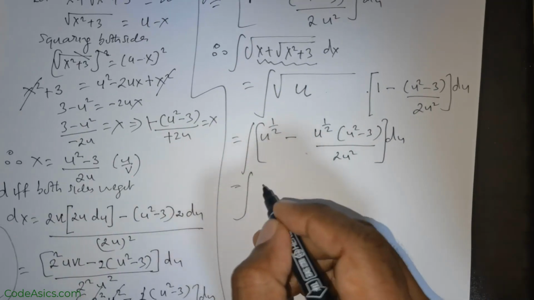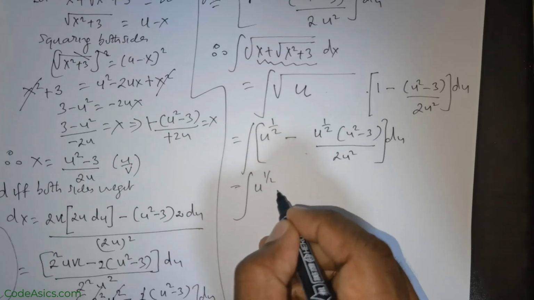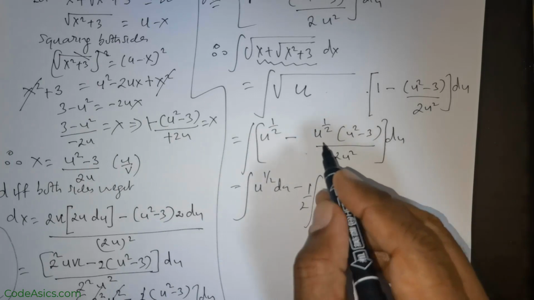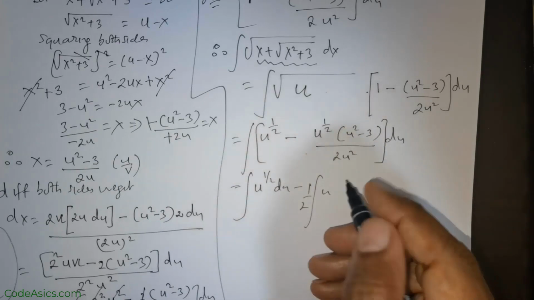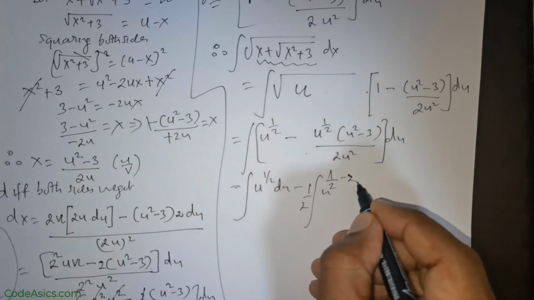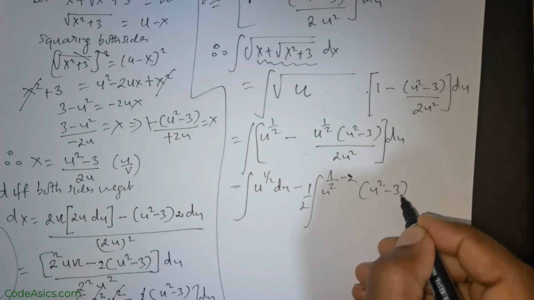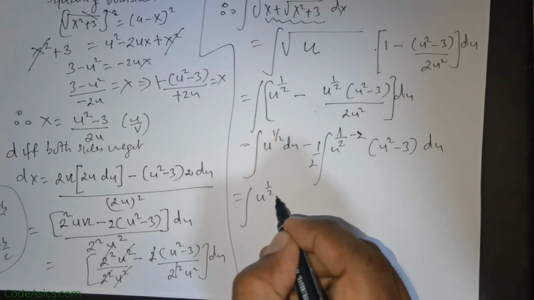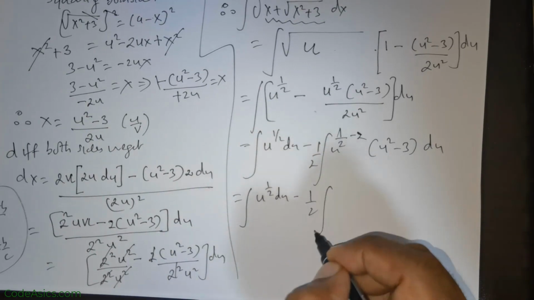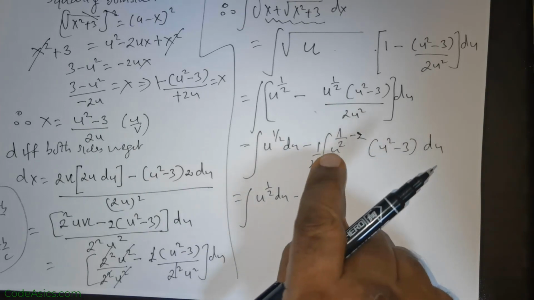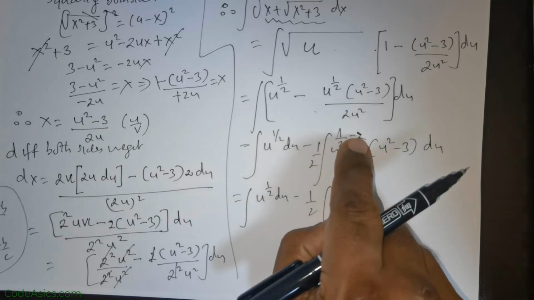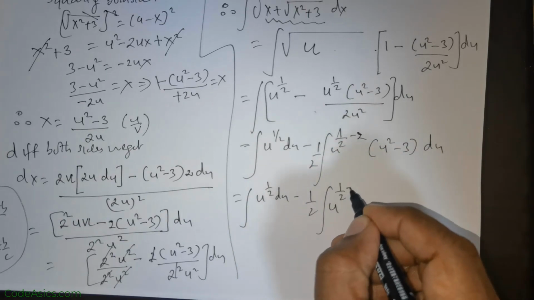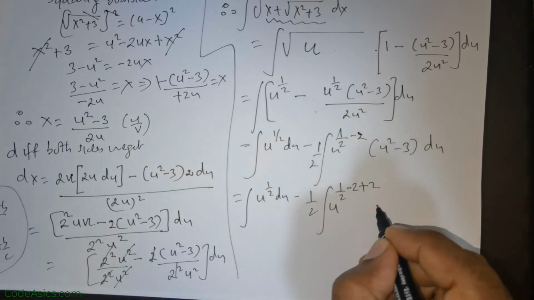Now this can be further rewritten as the integral of u raised to the power of 1 over 2 times du minus, now 1 over 2 can be taken out. Now push this 2 to the numerator, so it's going to be 1 over 2 times u squared minus 3 times du. So this is going to be the integral of u raised to the power of 1 over 2 du minus 1 over 2. Now distribute u raised to the power of 1 over 2 with u squared minus 3, so that's going to be u raised to the power of 1 over 2 minus 2 plus 2.